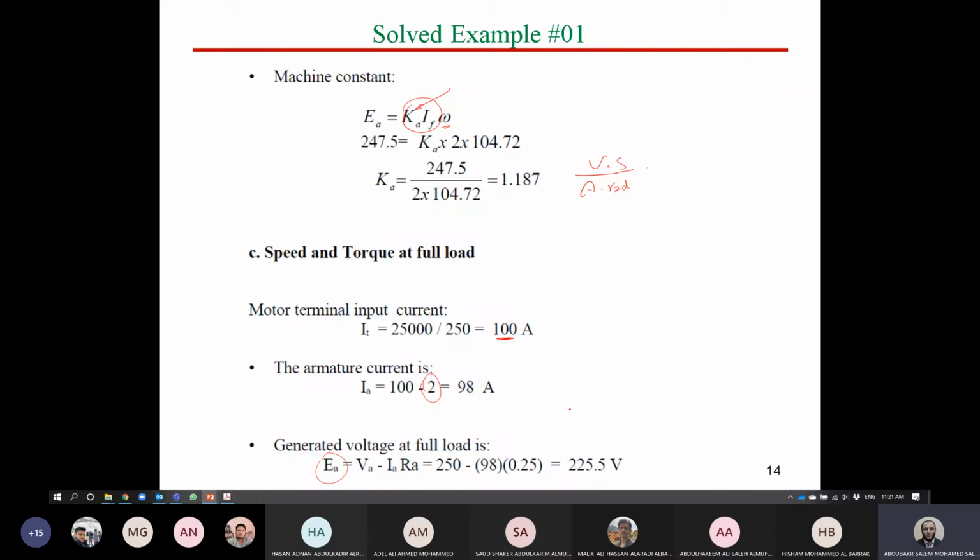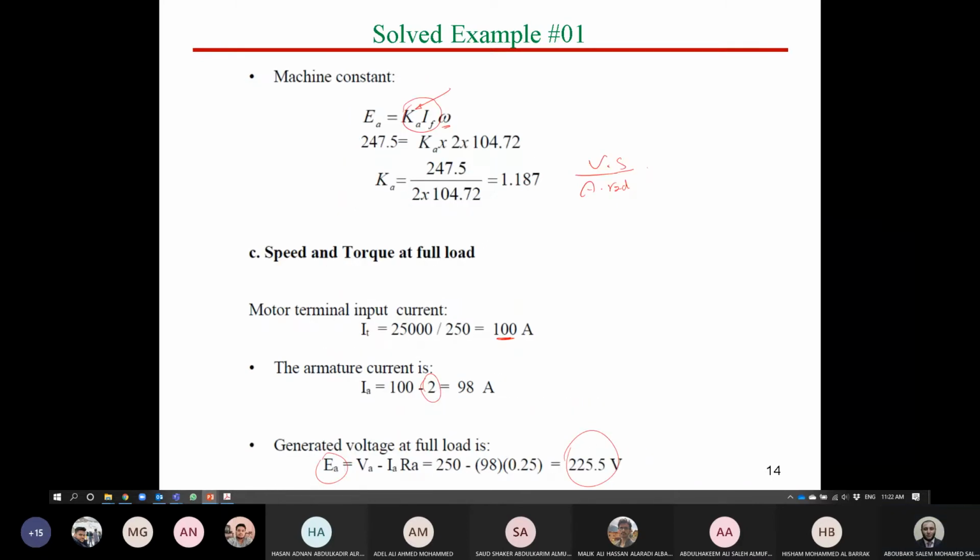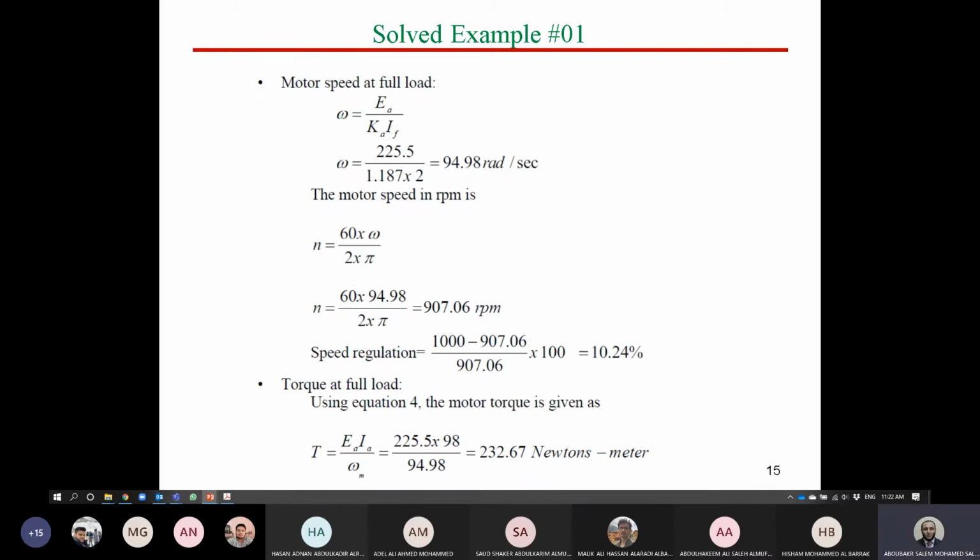Once you got the value of EMF, you can start using your motor constant now. You have the motor constant, you have the EMF, so you can get the value of speed. From here, we can say now omega equals E over KAIF, which is constant as we discussed before.